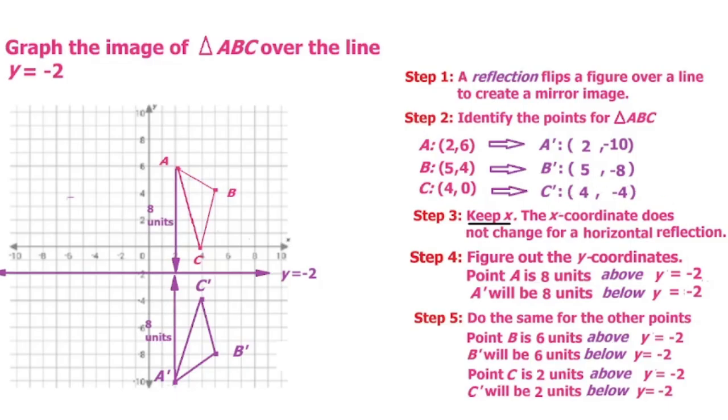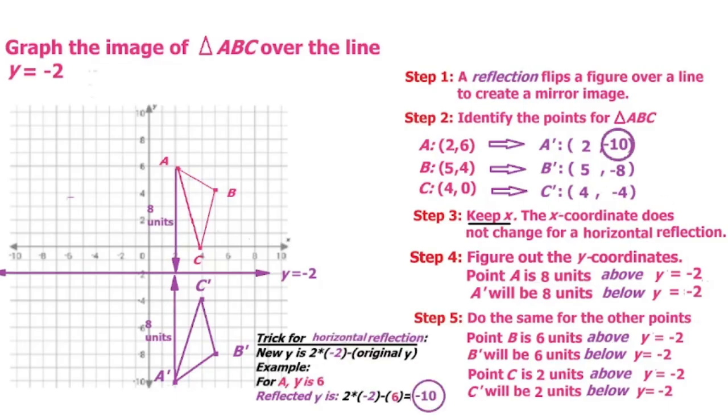Okay, so now our other trick, our final trick for a horizontal reflection: the new y is 2 times -2, which is what we have here for the horizontal line, minus the original y. Okay, so for A for example, y is 6 here.